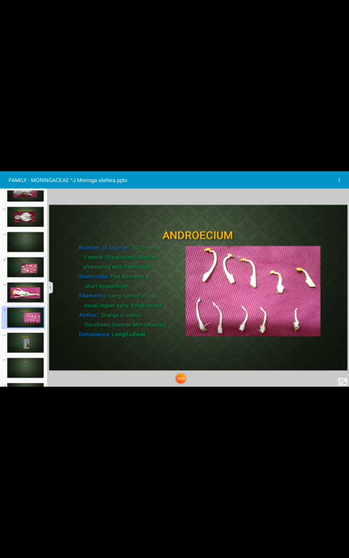Dehiscence means breaking of the anther naturally after maturity of the pollen grains. A longitudinal slit occurs and release of pollen grains takes place. Therefore dehiscence is longitudinal.